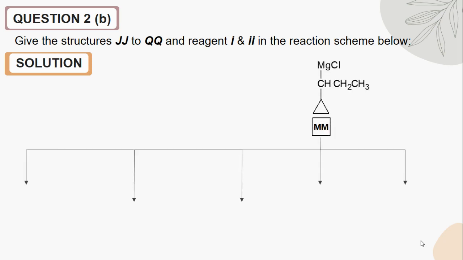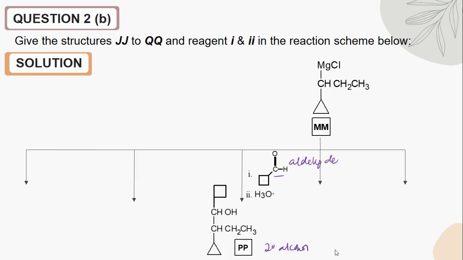Next structure, when Grignard reagent reacts with an aldehyde followed by hydrolysis, aldehyde with Grignard will produce a secondary alcohol. So this will be your structure PP, and this correct structure gives you 1 mark.